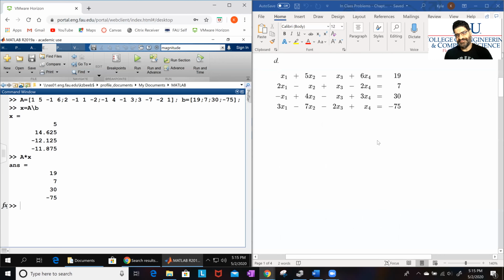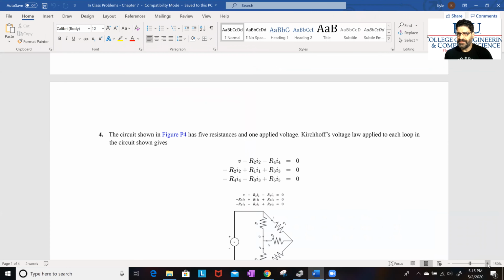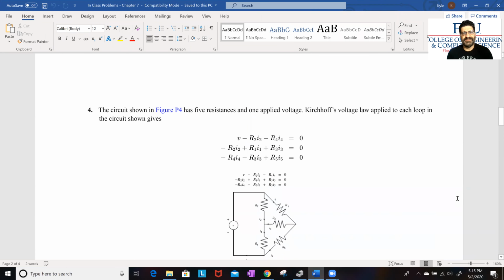So let's solve this problem here. Let's talk about this problem. This is a circuits problem. Let me just enlarge this a little bit.